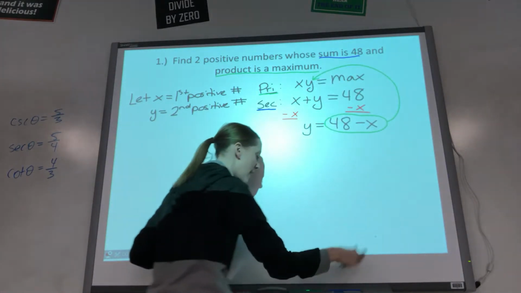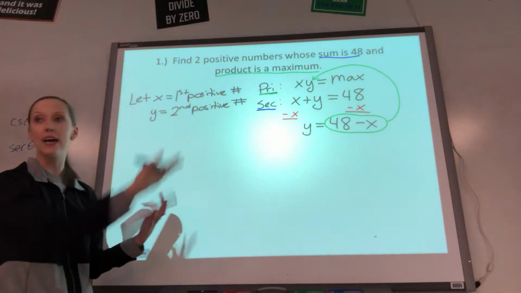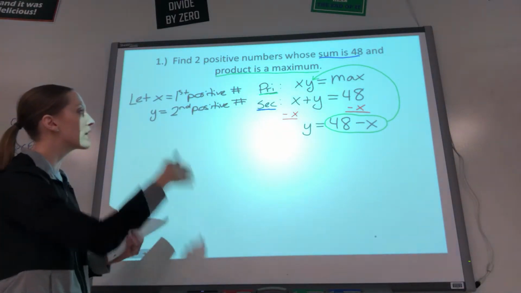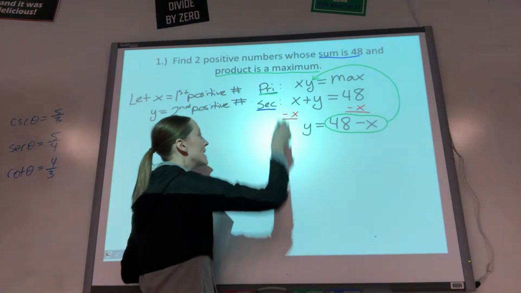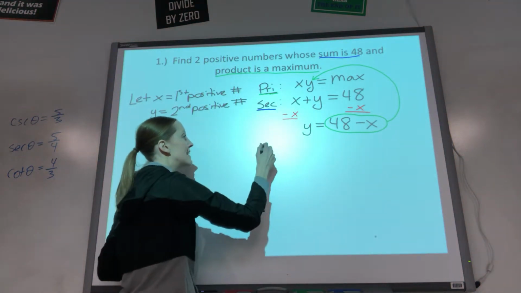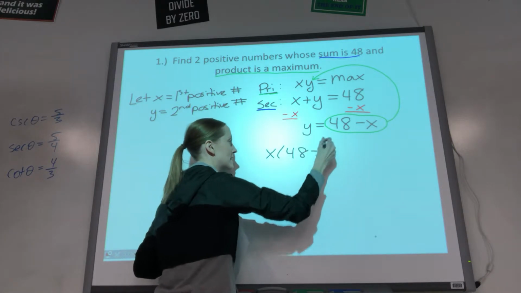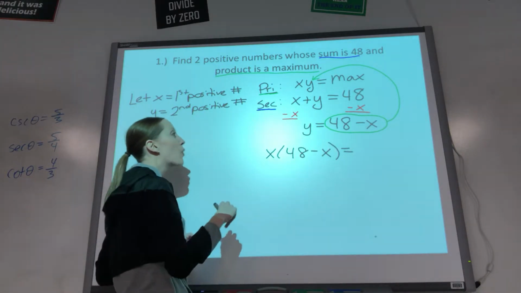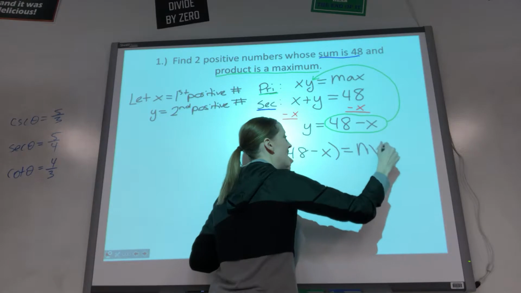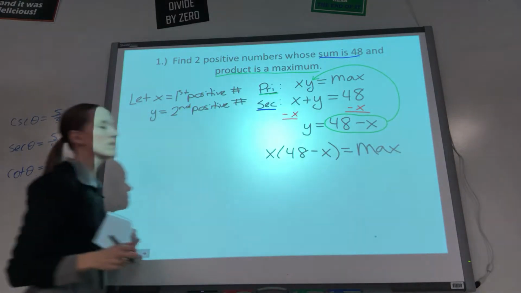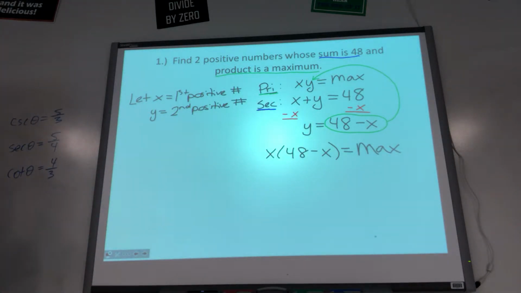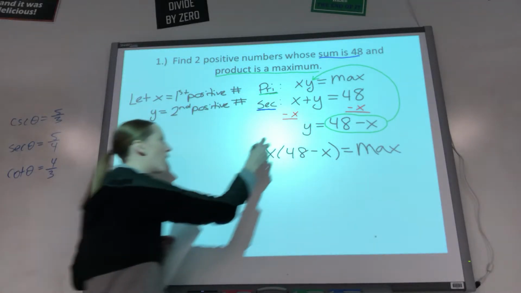That means I'm going to replace y up there with 48 minus x. So it no longer says x times y. Now it says x times 48 minus x equals a max. I still don't know what the max is, but there we go.